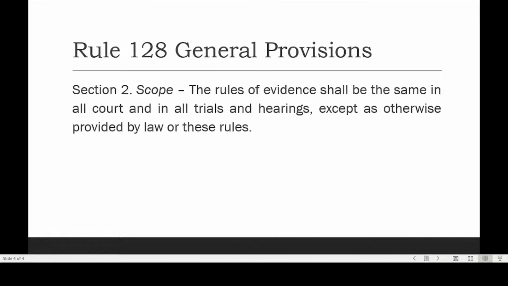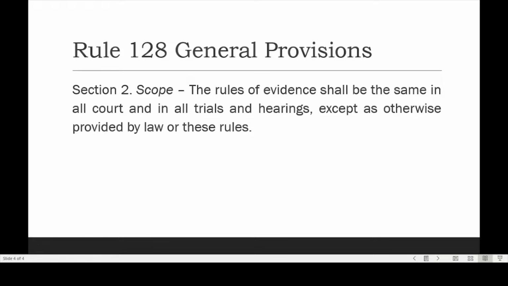So it is just saying that our revised rules on evidence will be applied in all courts, whether in the municipal trial court, regional trial court, Court of Appeals, or the Supreme Court, and in all trials and in all hearings, except if the law or the rules say otherwise.